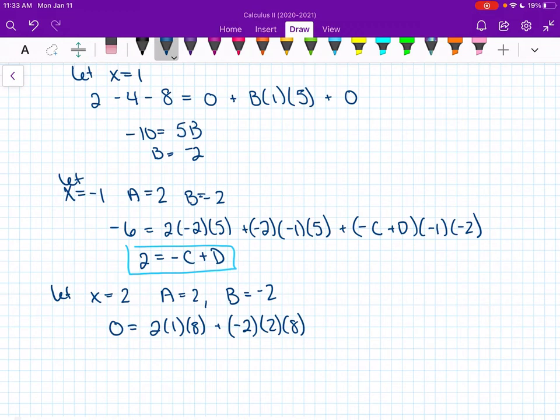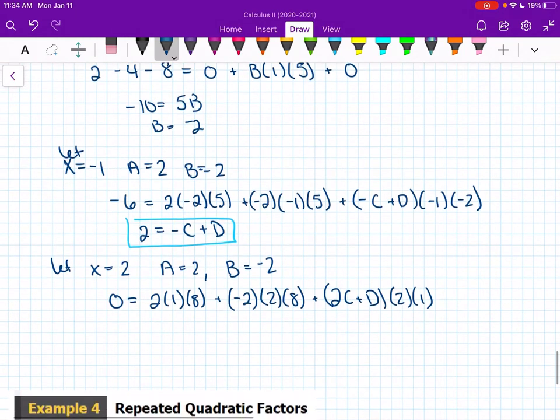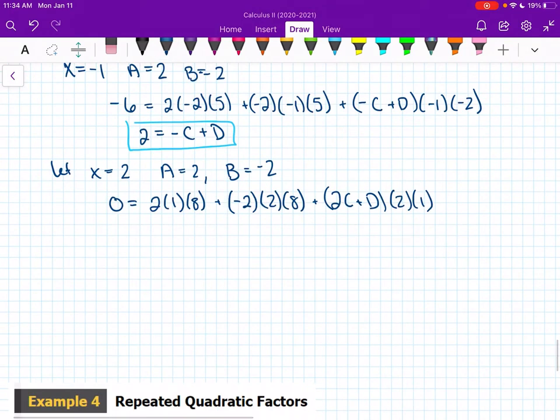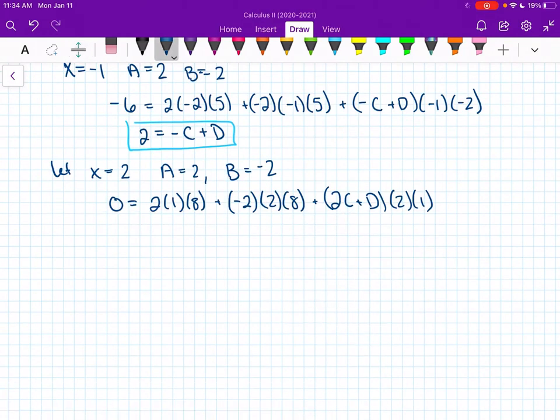And then my last term here will be 2c plus d, and then that is going to be times 2 and 1. And when I solve this, let's put all the constants, so I'll get 8 equals 2c plus d. So this is my other equation.